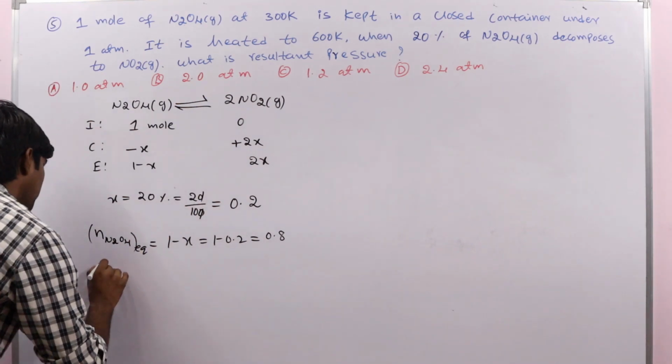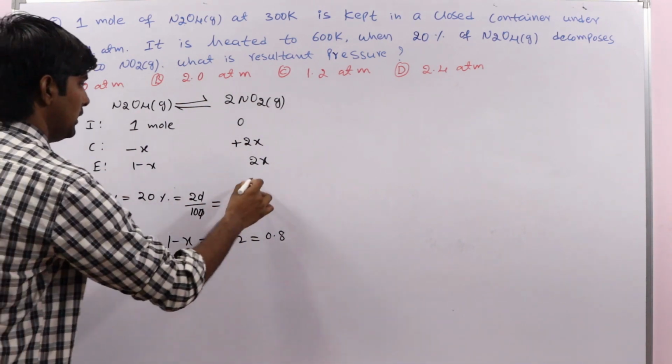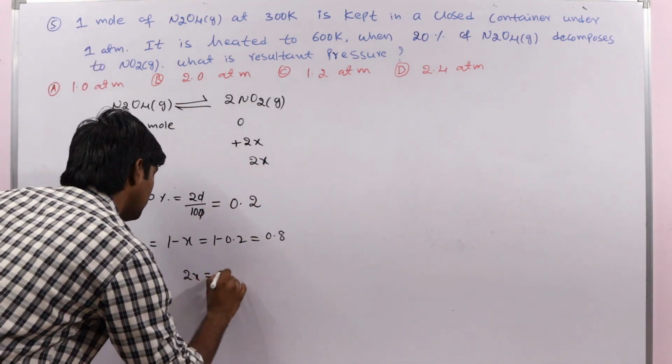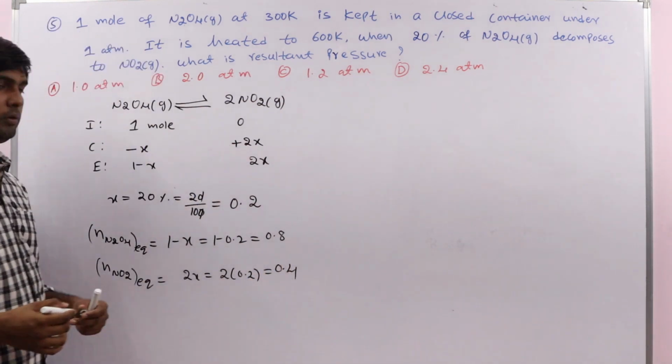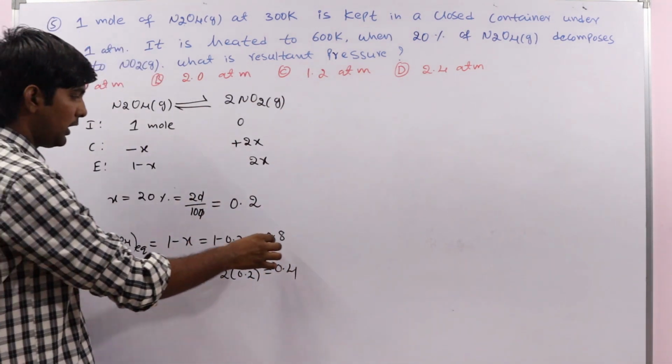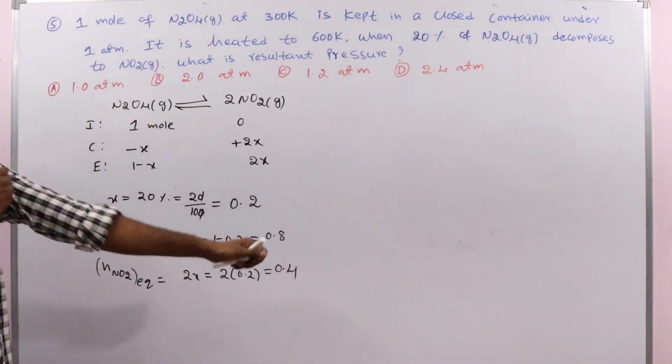And the number of moles of NO2 at equilibrium is 2x, that is 2 into 0.2, equal to 0.4. These are the moles of N2O4 and NO2 at equilibrium.